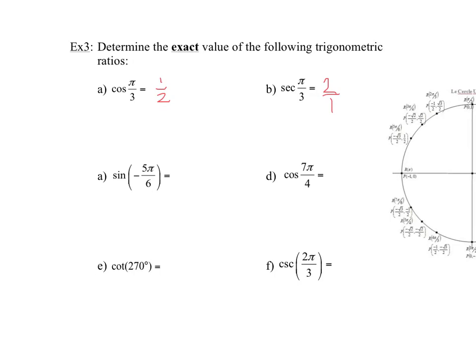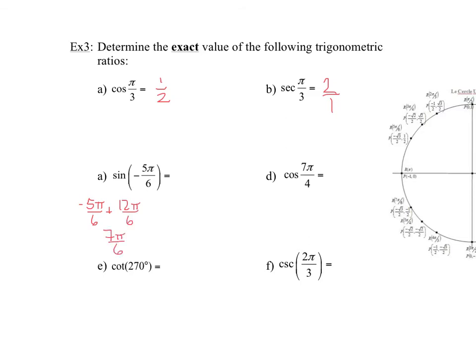Here, for sine of negative 5 pi over 6, the easiest way to do that would be finding an angle that's in your first revolution of positive values. So I'm going to add 2 pi to that, if you remember coterminal angles. That would be 7 pi over 6.